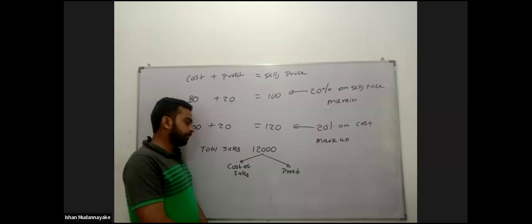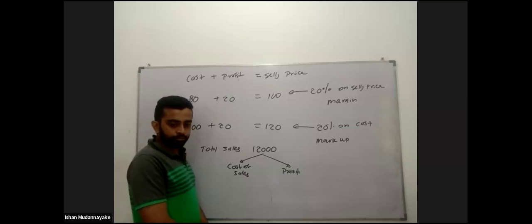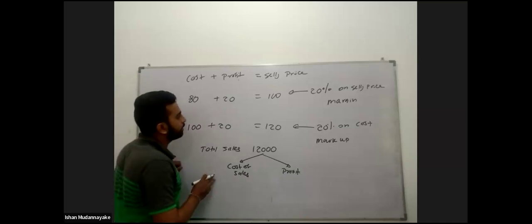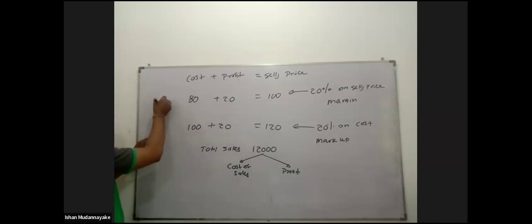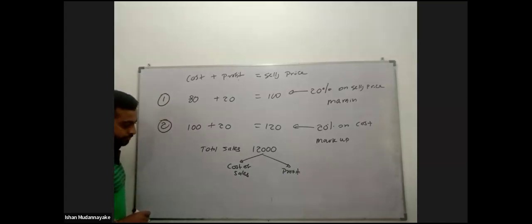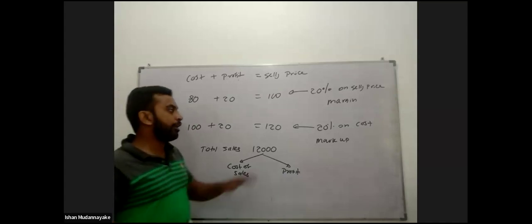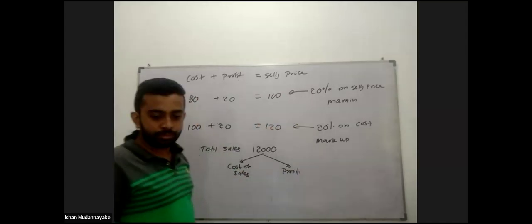Then how to calculate? Here total sales 12,000. Let's say this is the first method and this is the second method. Here, let's say the examiner asks to calculate cost of sales. The business organization's pricing policy is 20% margin, 20% on selling price.